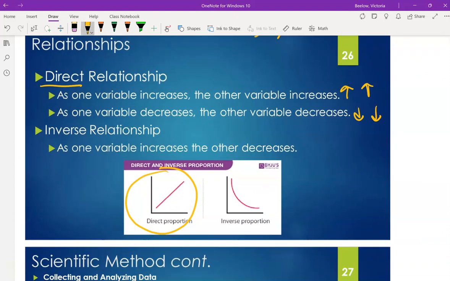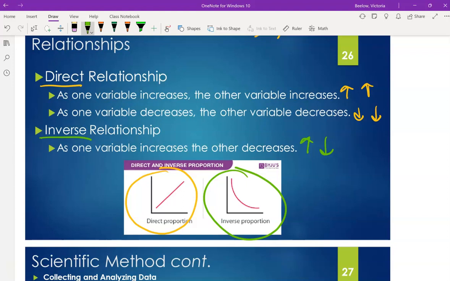Versus an inverse relationship is the opposite of that. So as one variable goes up, the other goes down. So maybe, going back to the science grade example, the more you play games or are distracted by your phone, the more time you spend doing those things, maybe on social media, maybe the lower your grade gets, or your grade decreases.